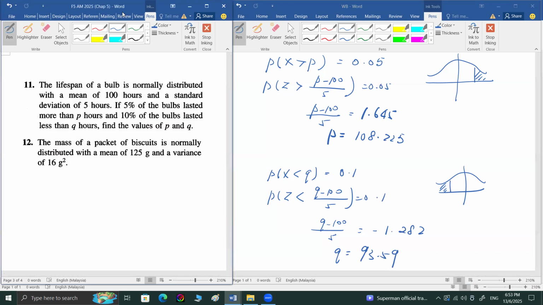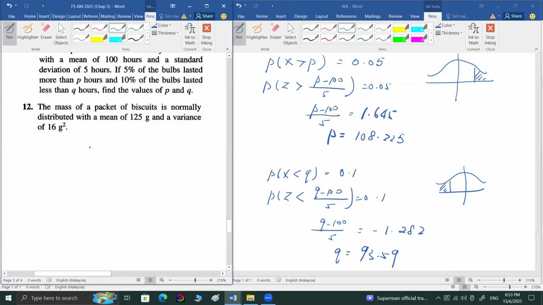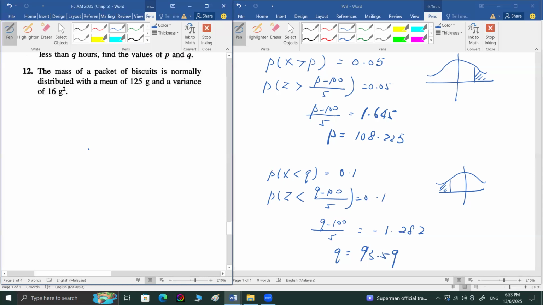Okay, so you have to try question 12 and see. I'll give you some and one. Mean 125, variance that is 16. So mean is 125. Standard deviation with 4, 4, 16. So okay, we see 12A.